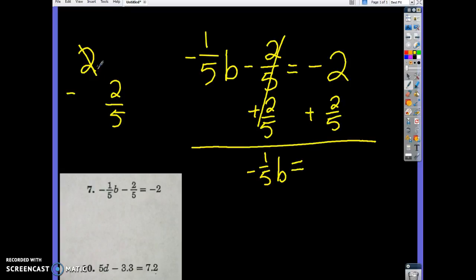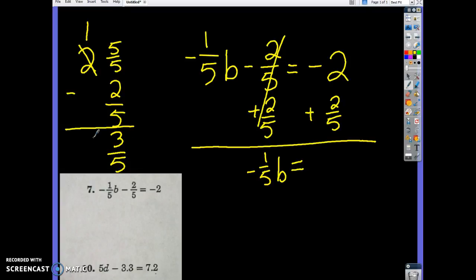Now, I need to have a fraction over here so that I can subtract this part of a number. I'm going to rewrite 2, borrow from it, and make it a 1 whole here. I'm just rewriting 2 as 1 and 5/5. 1 and 5/5 is the same number as 2, just written in a way that I can now do this subtraction here. I can say 5/5 minus 2/5 is 3/5.